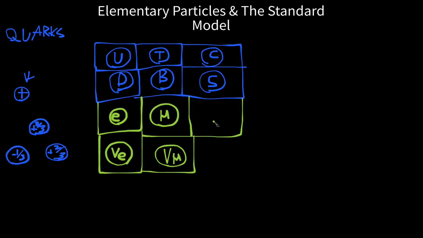And finally, you will have the tau. Muons and tau are basically electrons with even more mass, to put it simply. And then you have tau neutrino.